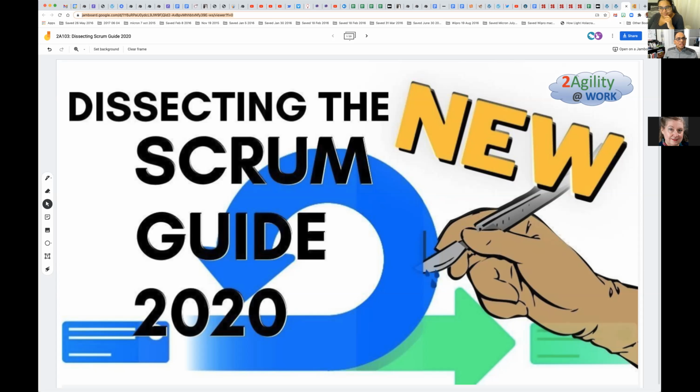Moving on to the next slide, if you hit Jamboard and go on to page 3, this is about the type of role in which you are using Scrum. Are you using it as a Scrum Master? Are you on the team? Are you a product owner? Are you a coach? Are you outside the team, supporting them from the outside?